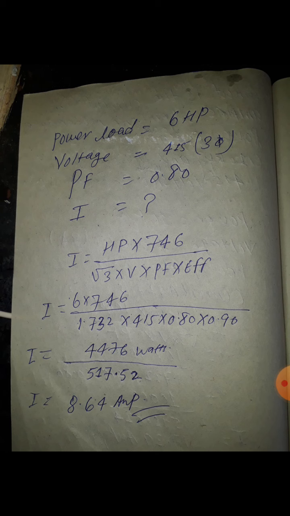As per the formula, HP into 746, since 1 HP has 746 watts. You multiply 746 by HP and divide by root 3 into voltage into PF into efficiency. The power factor is given here, but efficiency is not given. As I already told you, if not given, put the value 0.90.